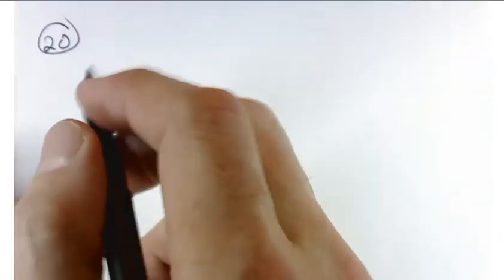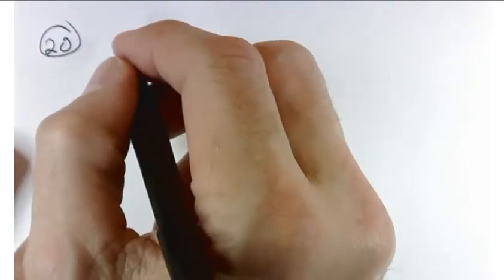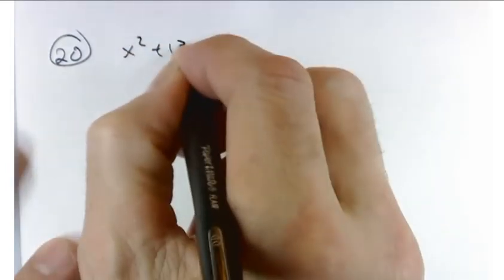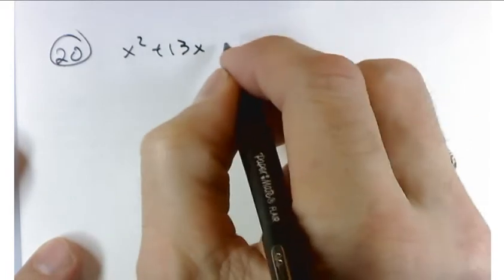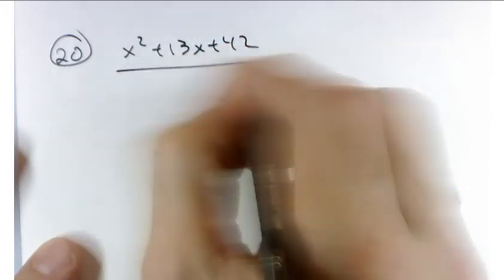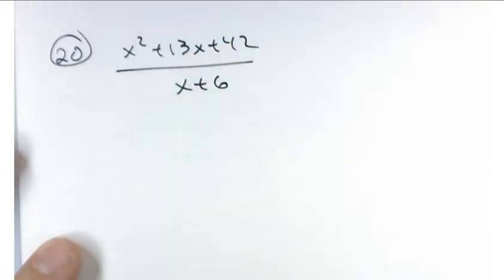There's a couple of ways we can do problem number 20. Let me zoom out a little bit. First let me write it down. Problem 20 is x squared plus 13x plus 42 divided by x plus 6.